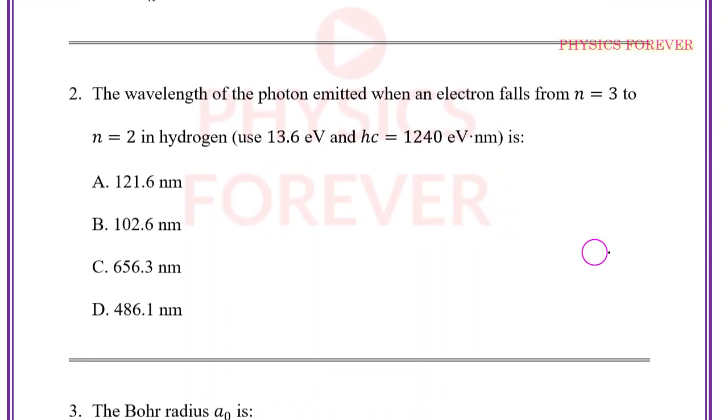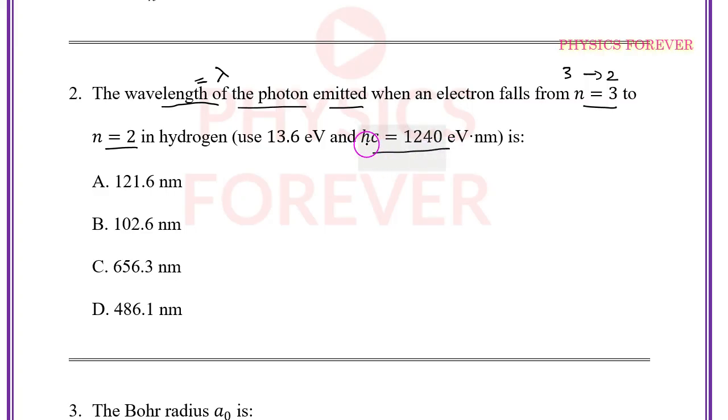Okay. So second question, the wavelength of the photon emitted is what they are asking, when the electron falls from n equal to 3 to n equal to 2, the transition 3 to 2 in hydrogen. Then use 13.6 electron volt, and hc they have given. What is h? h is Planck constant, 6.624, and velocity of light 3 into 10 power 8.